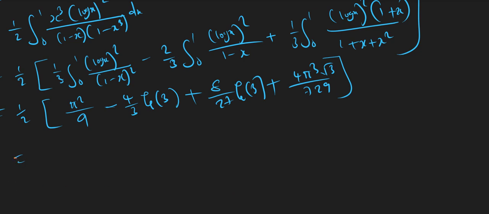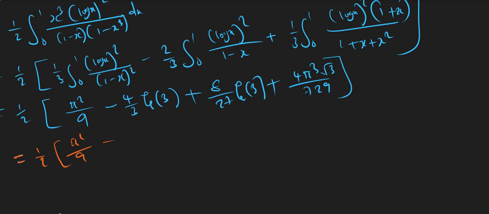This is going to equal half times pi squared over 9 minus, if you combine these two, you multiply the top and bottom by 9. 4 times 9 is going to be 36.